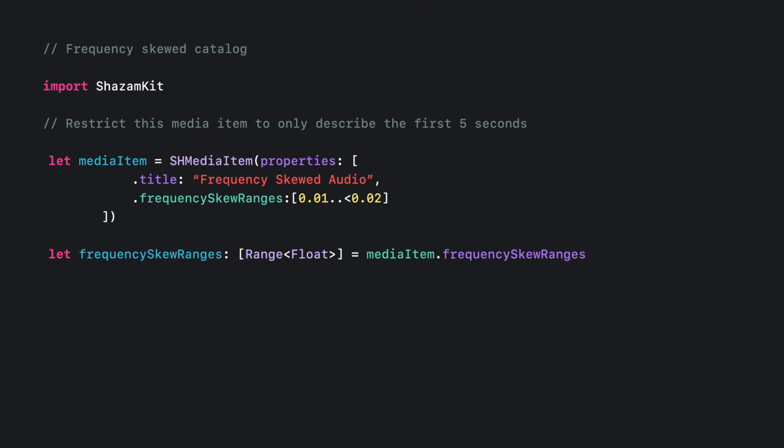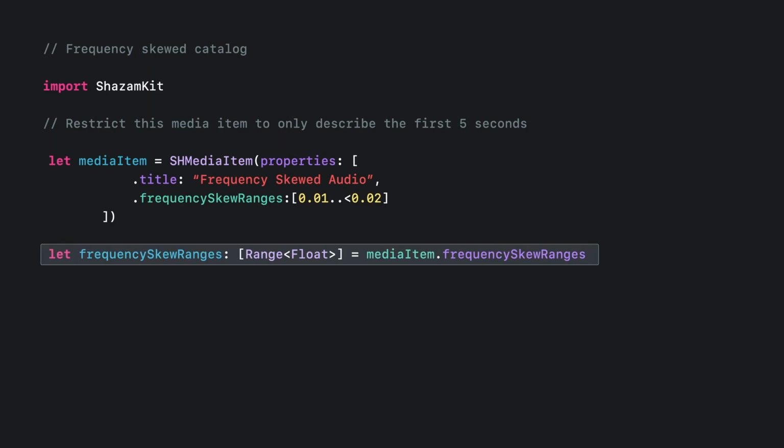Media items will only be returned if they fall inside the specified skew ranges. The range specifies as a percentage how much the audio differs from the original. A value of 0 indicates that the audio is unskewed, and a value of 0.01 indicates a 1% skew. You can access the property on media items using the frequency skew ranges property.